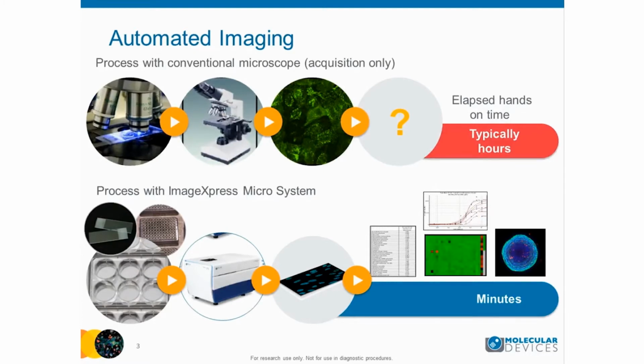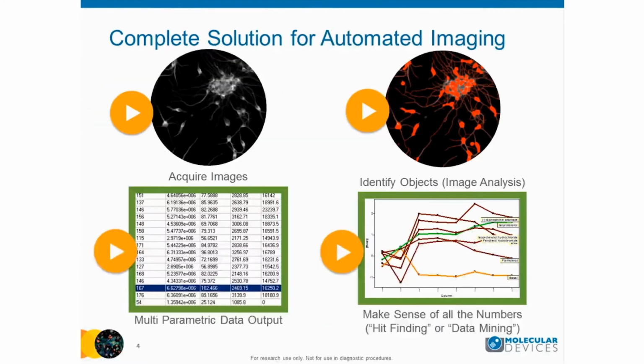With the ImageXpress system and high content screening, you can move those assays into multi-well plates or slides, but multi-well plates is what we're going to be talking about today. Put it into the system, acquire a variety of data types, automatically turn those images into numbers, and then try to make sense of the data you've collected. And that workflow takes minutes rather than hours.